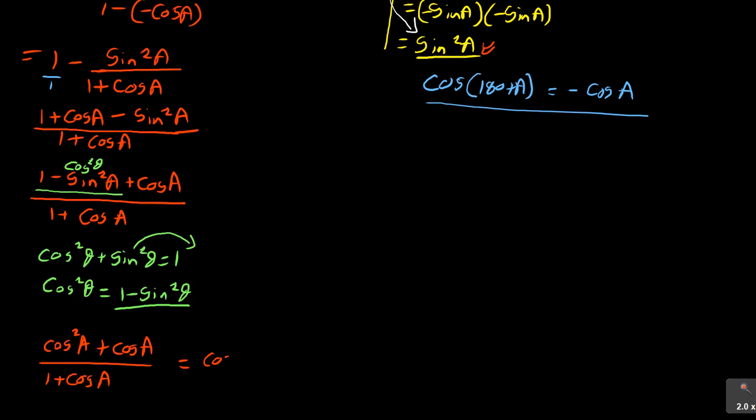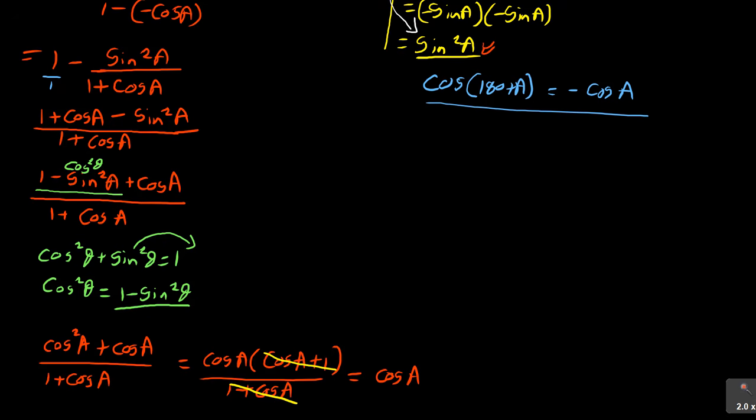I can take out cos A, which is common, which I will have cos A plus 1 all over 1 plus cos A. Now with this, then I can be able to cancel cos A plus 1 as 1 plus cos A, because this is the same, and this can then give me cos A.